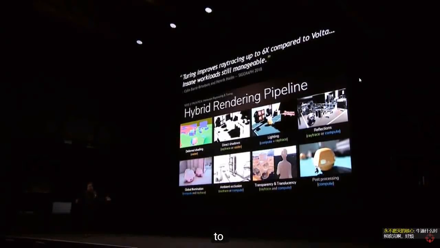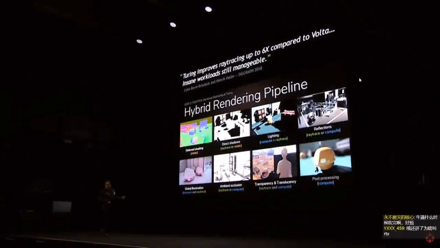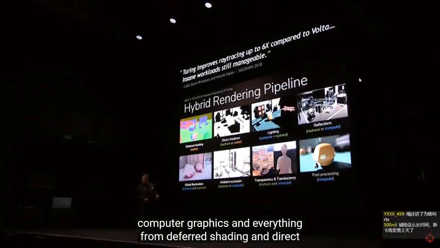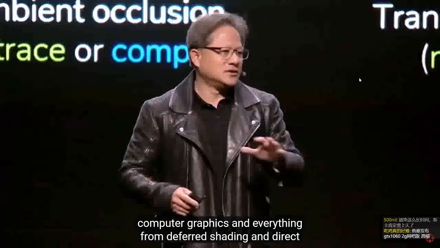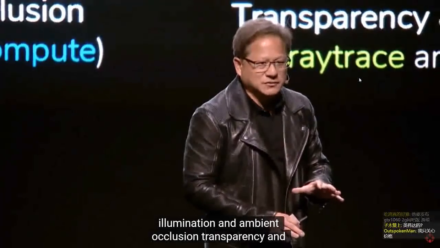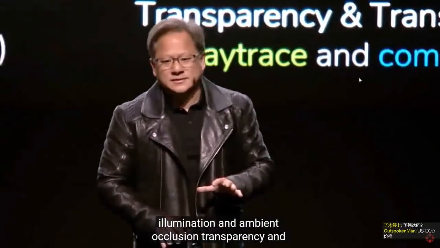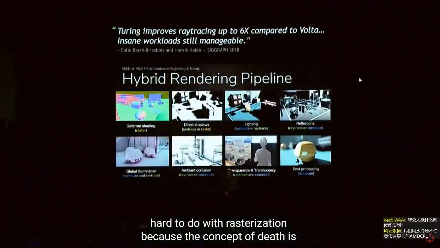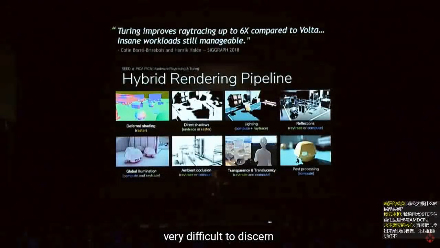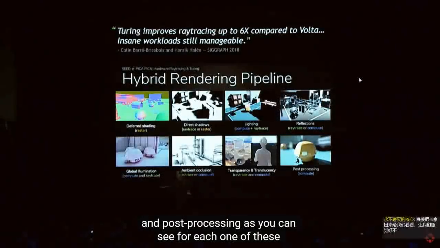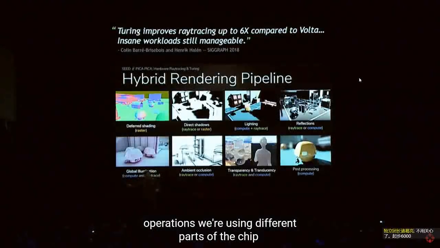And everything from deferred shading and direct shadows and lighting and reflections and global illumination and ambient occlusion, transparency and translucency. Translucency and transparency are just incredibly hard to do with rasterization because the concept of depth is very difficult to discern. And post-processing, as you could see, for each one of these operations, we're using different parts of the chip exactly as I described earlier.